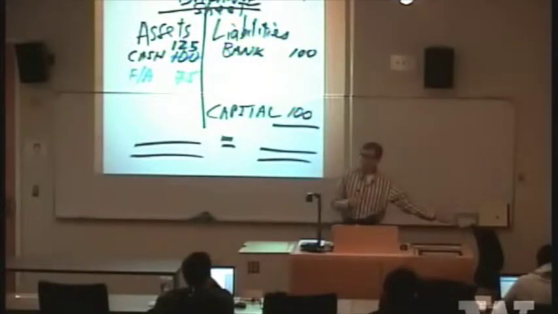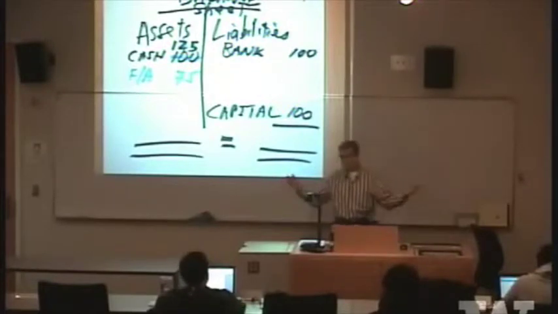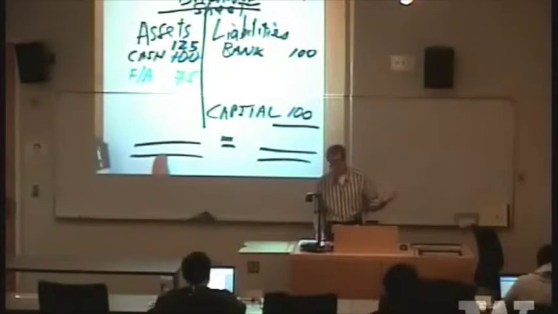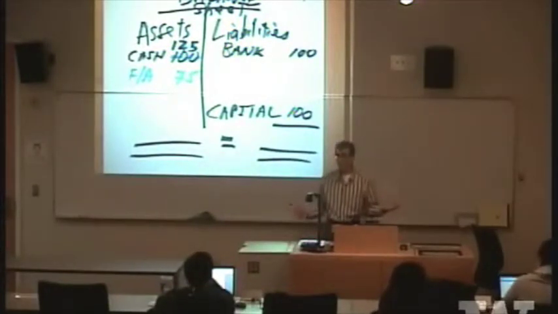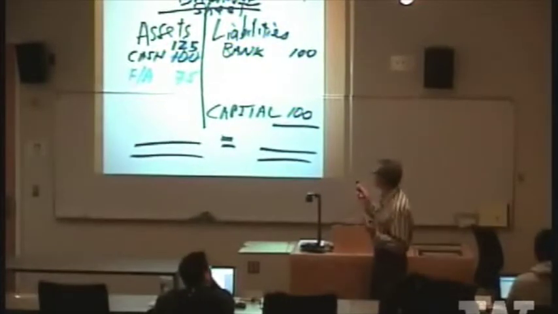We've debited cash, we credit our liability account. Again, this adds up to 200 on the asset side, and it adds up to 200 on the liability and equity side.